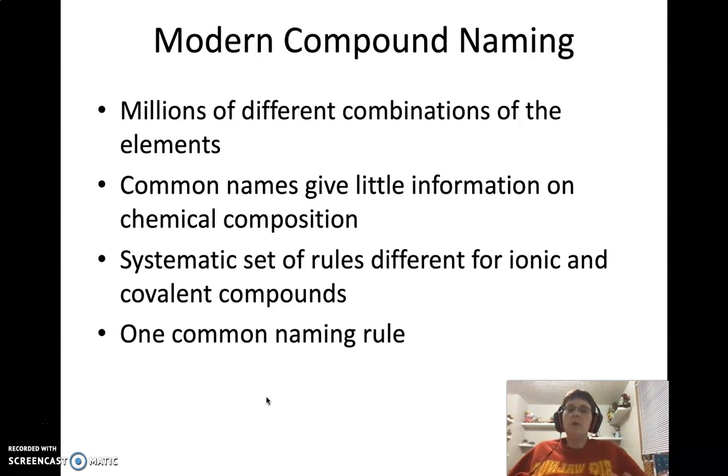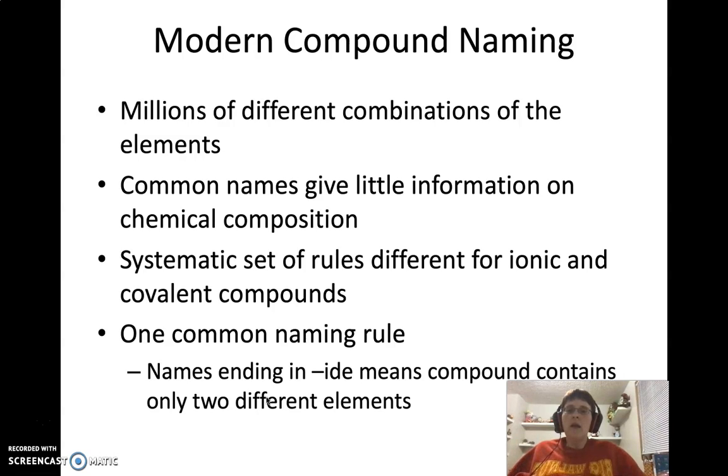The thing is, for both ionic and covalent compounds, there is one common naming rule. And that is names ending with "ide." So "ide" means a compound containing only two different elements. And that's actually mostly what we're going to be working with, unless we have a polyatomic ion.